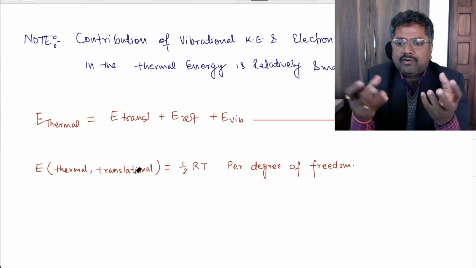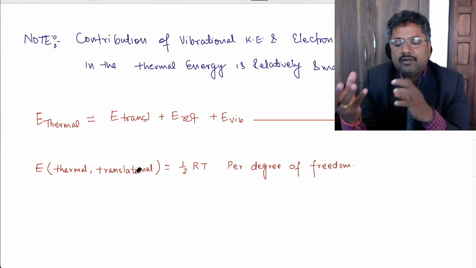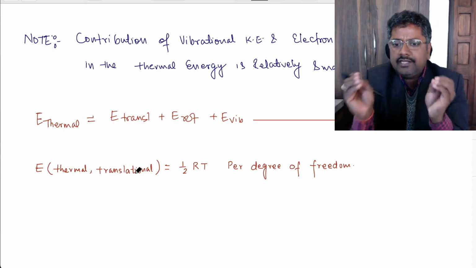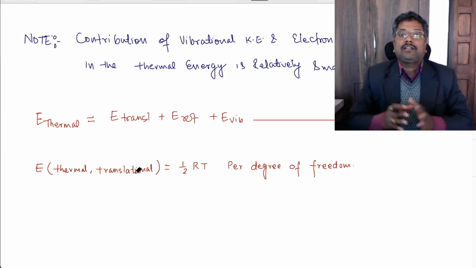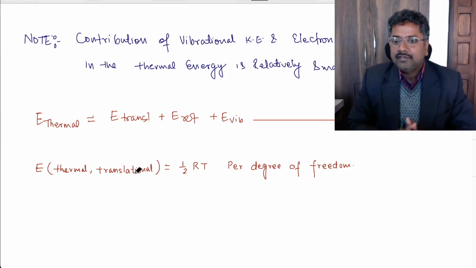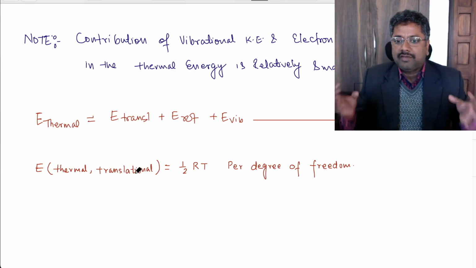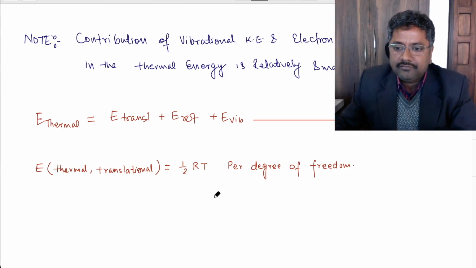So any molecule can translate three ways, along x-axis, along y-axis, and along z-axis. So for any kind of molecule, whether it has one atom or more than one atom, the translational degree of freedom is equal to 3.